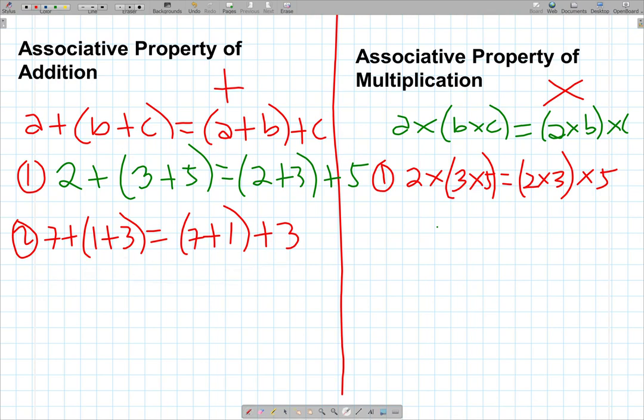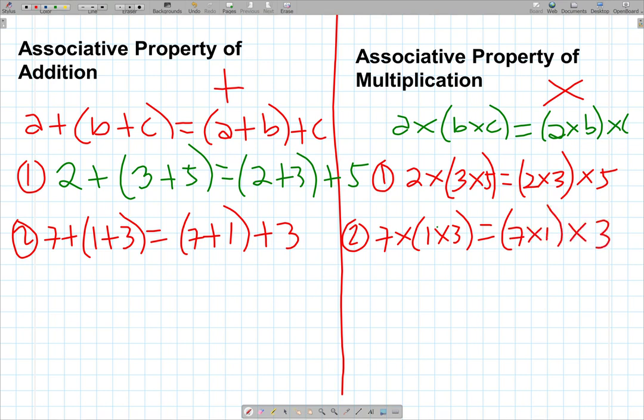And then, dito naman sa multiplication, let's say (7 times 1) times 3 equals 7 times (1 times 3). So, that is associative property of multiplication. Ito addition man yan, no? So associative property of addition. Then multiplication. That is associative property of multiplication.